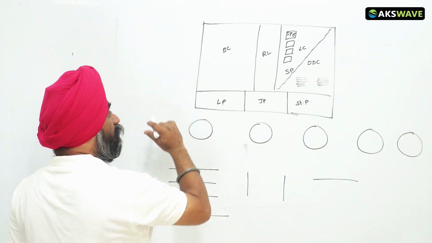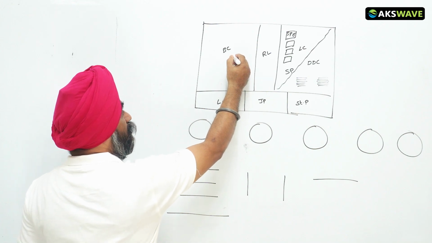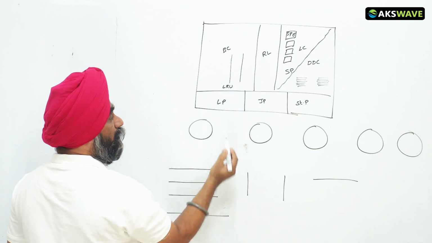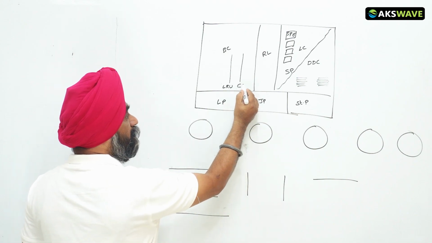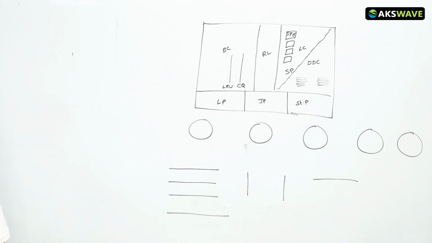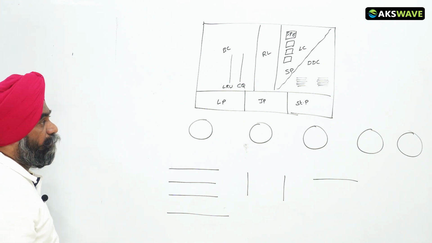Now we discussed the buffer cache. We got two lists here: one is called the LRU list and the other is called the checkpoint queue. LRU list and the checkpoint queue.